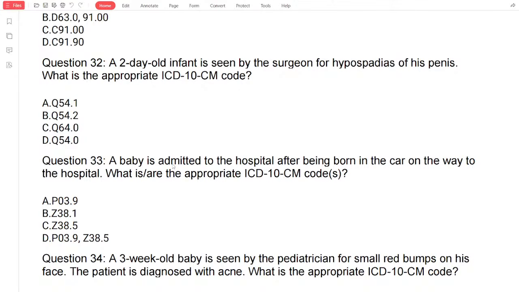Correct answer, A. Very good. Mohini and Geetu, Devi, correct answer, guys. 32A, Q54.182.